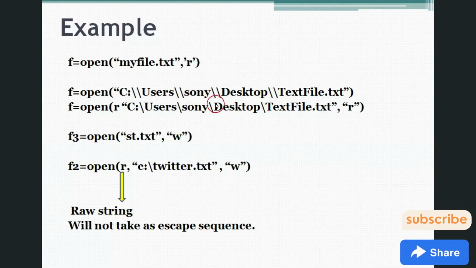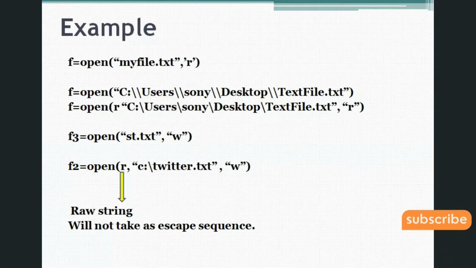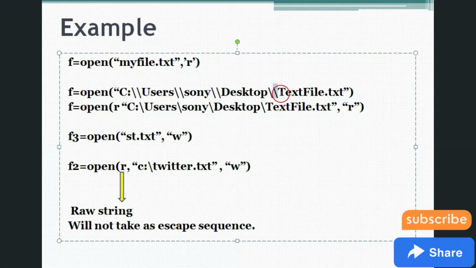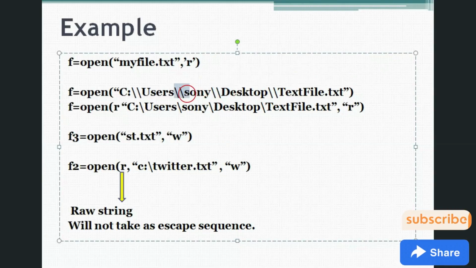So the double backslash is used to nullify the escape sequence. If we have a single backslash like \t, then the computer will take the \t as a tab space, so automatically the computer might get an error. The \t means some other meaning in the Python program.